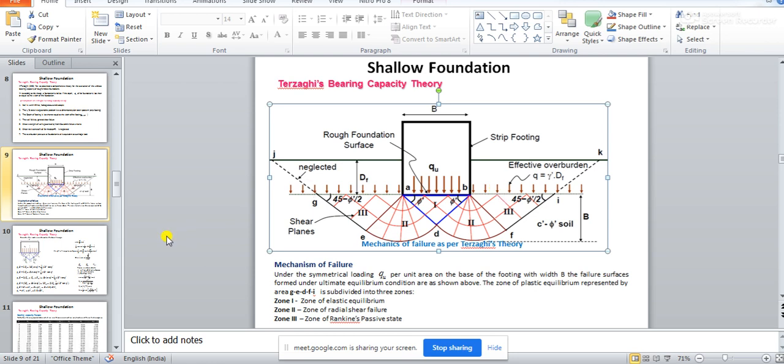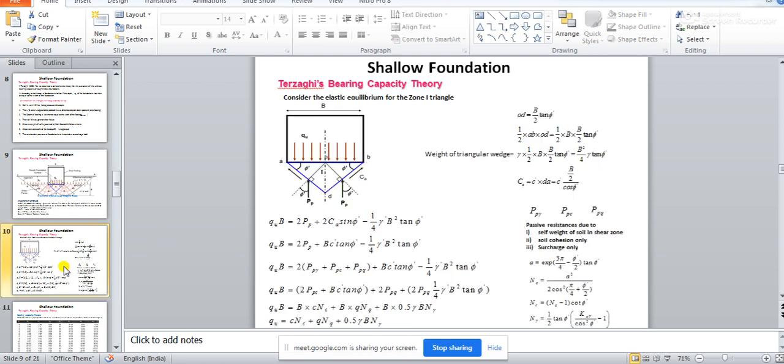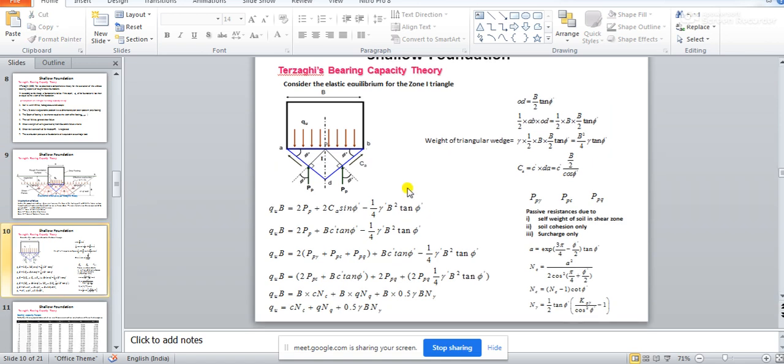So, you see, this is basically general shear failure criteria. And using this general shear failure criteria, Terzaghi has derived some equation which is very simple to understand, although it looks very complex in derivation. He has done a very simple calculation of equilibrium of this wedge.